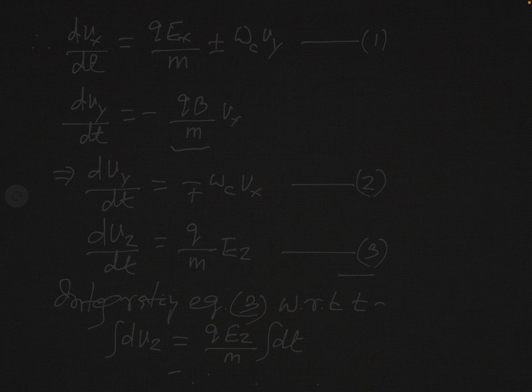If we take the limit of time 0 to t, and consider that at time 0 the z component of velocity is vz naught, and at time t it is vz, then in LHS there will be vz minus vz naught.